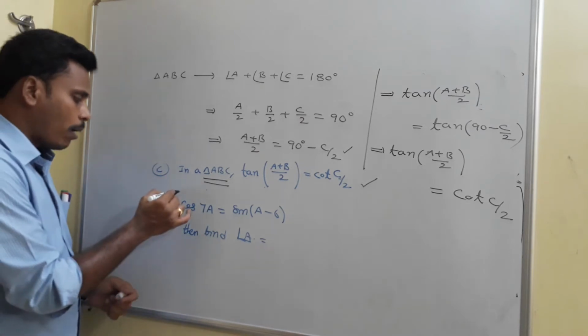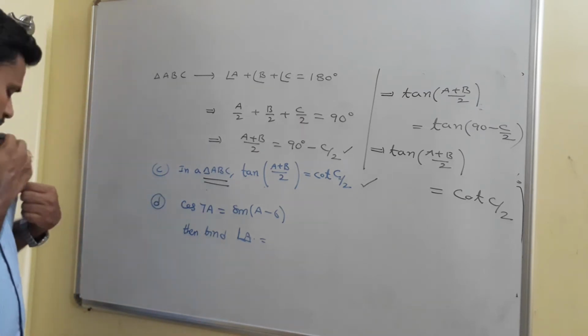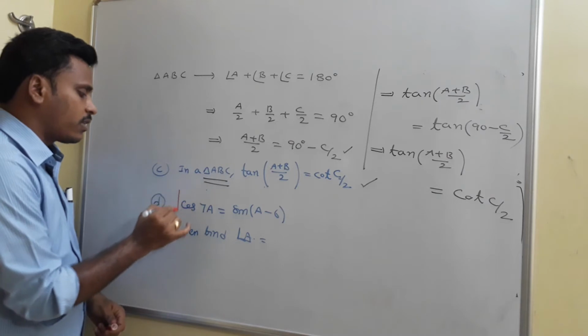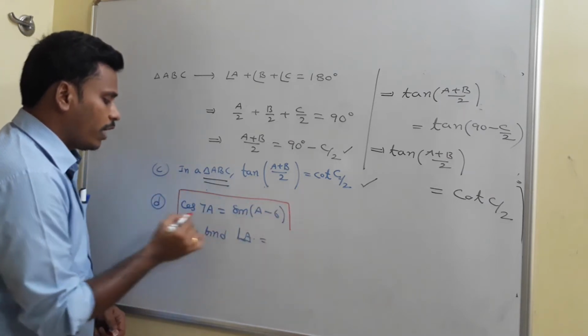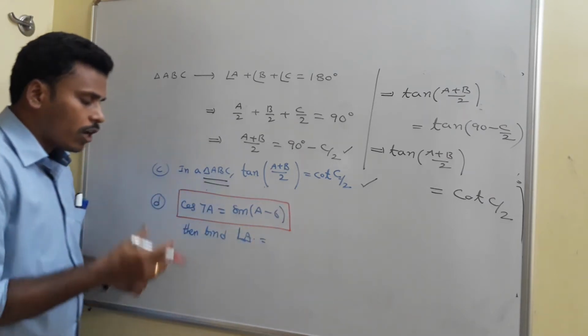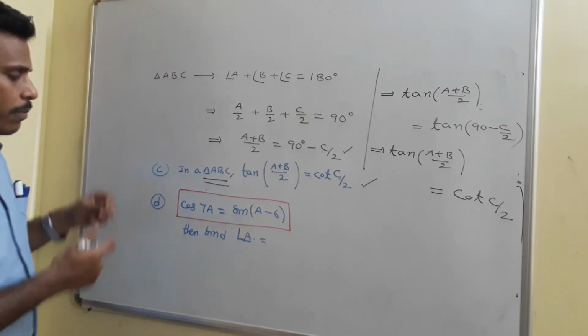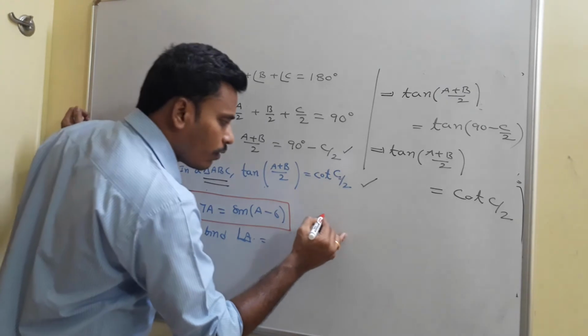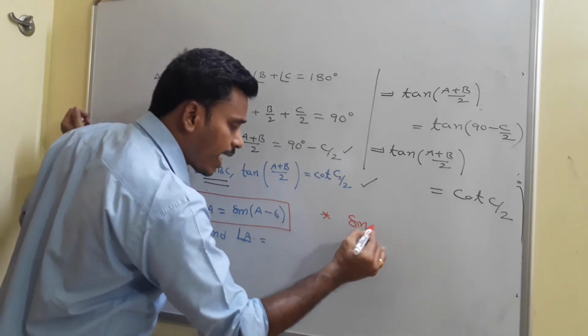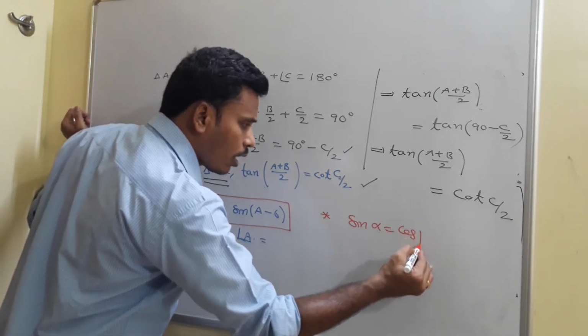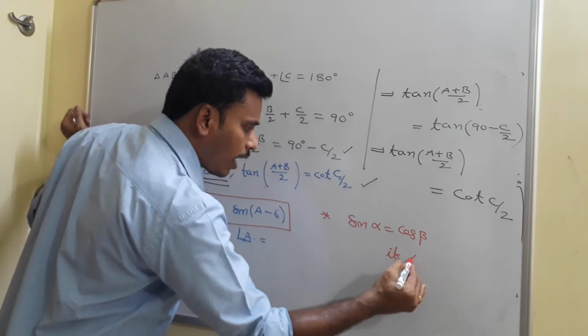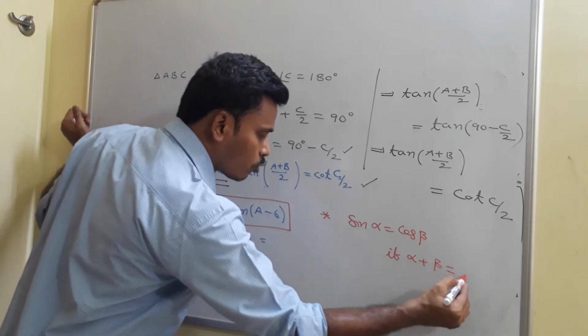And now look at another problem, where cos 7a is equal to sin of (a minus 6). Look at that. See, we need to solve this. Actually, we are discussing problems where the sum of the angles is 90 degrees. In the same case, we know that sin alpha is equal to cos beta if alpha plus beta is equal to 90 degrees.